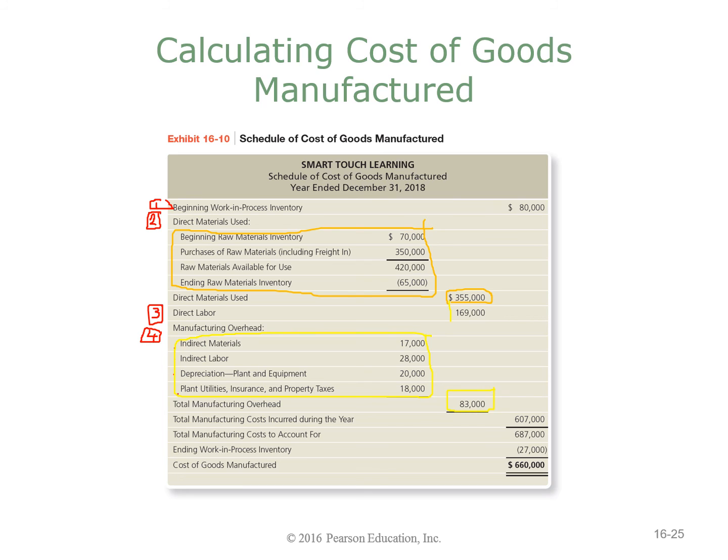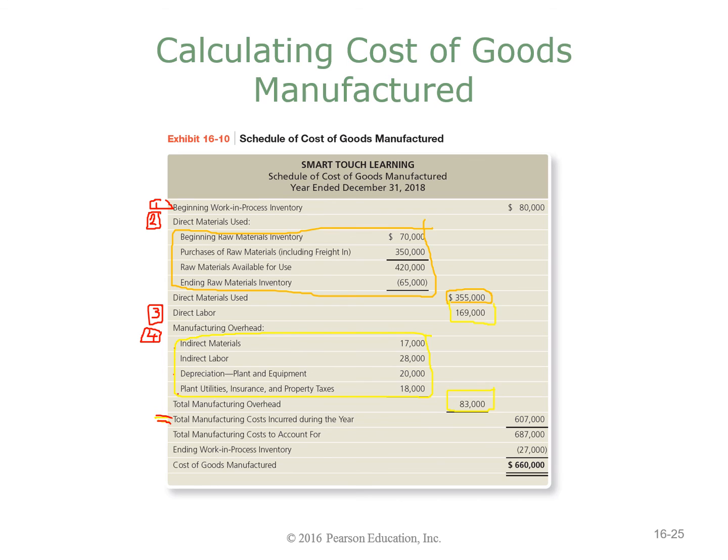So now we have three totals: direct material used, direct labor, and manufacturing overhead, to reach the total manufacturing cost incurred during the year.